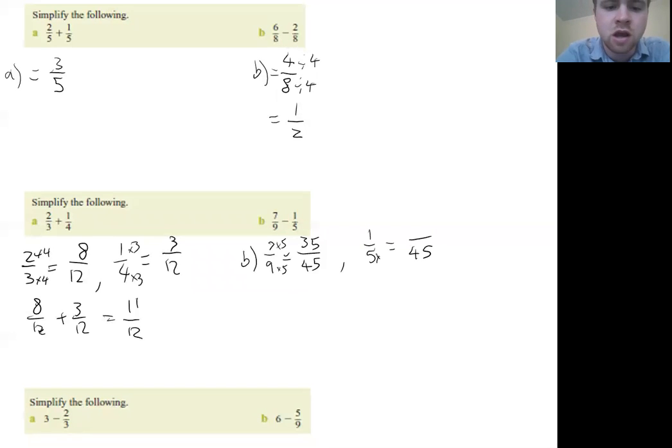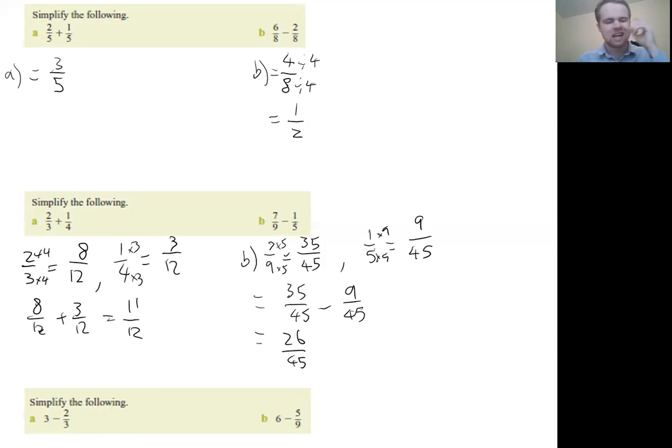We're going to times top and bottom by 9 to get 9/45. Now we can do this as a simple subtraction. So it's going to be 35 over 45 minus 9 over 45. And we can just do that. 35 minus 9 is going to be 26 over 45.